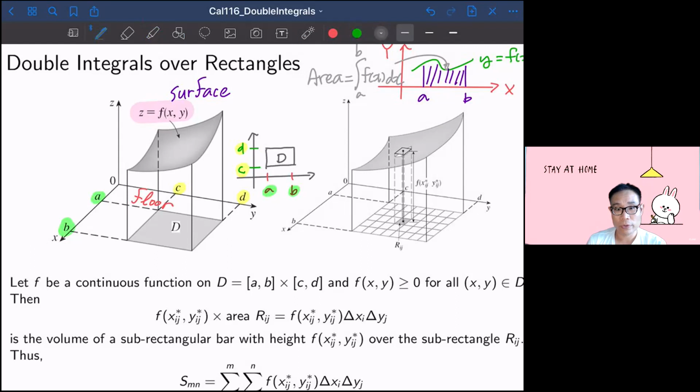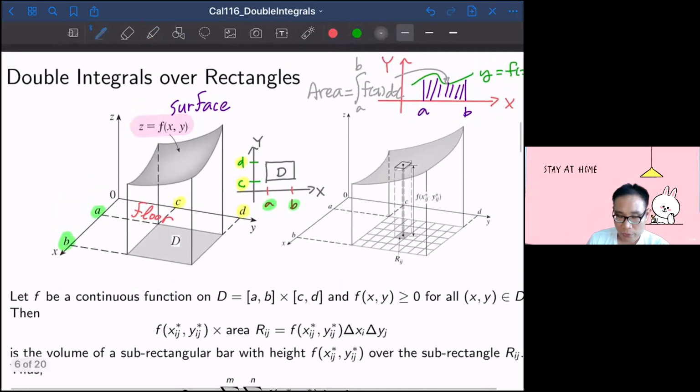So it's going to be a, b, c, d, and this is x, y for the rectangle D, and you'd like to find the volume of the solid above this region D.